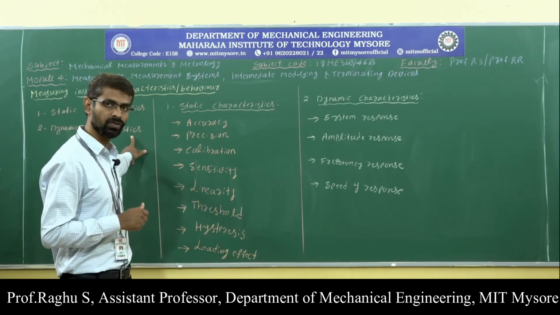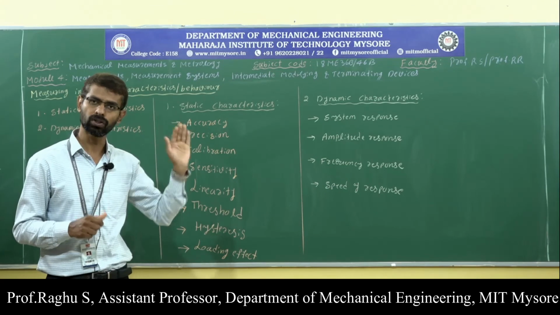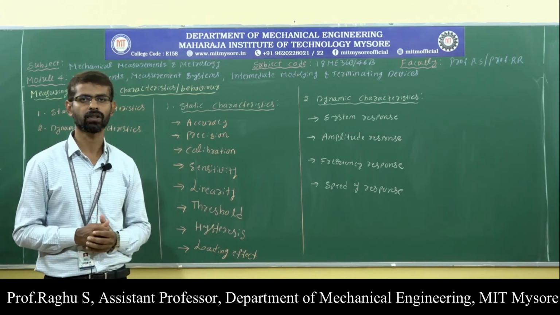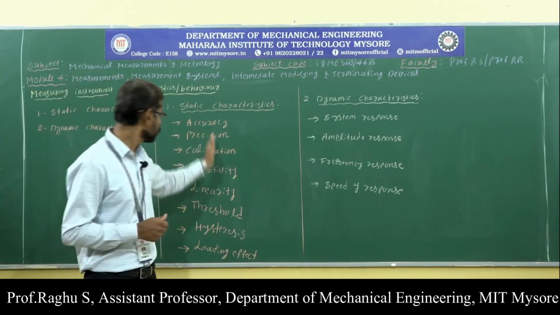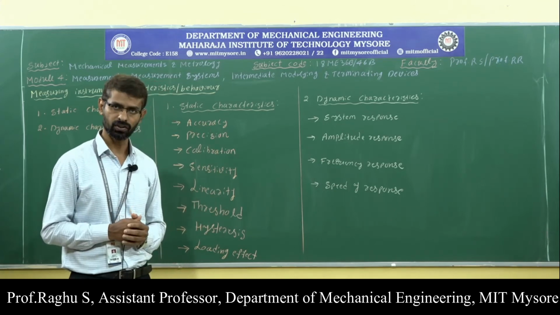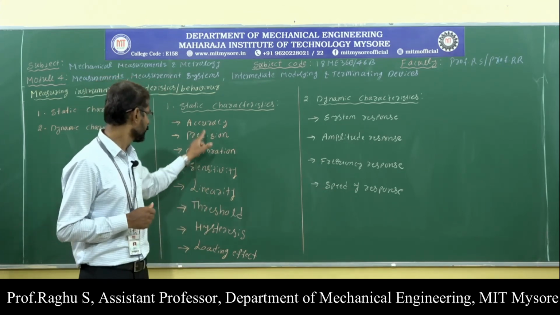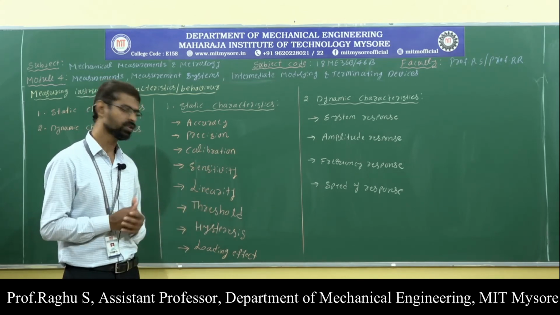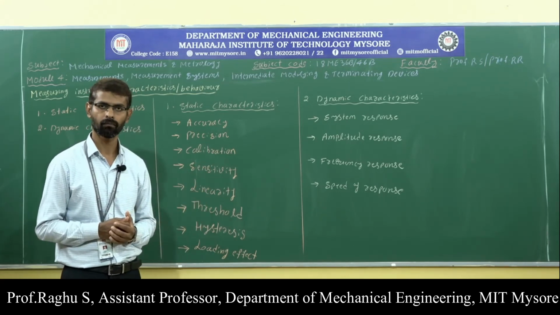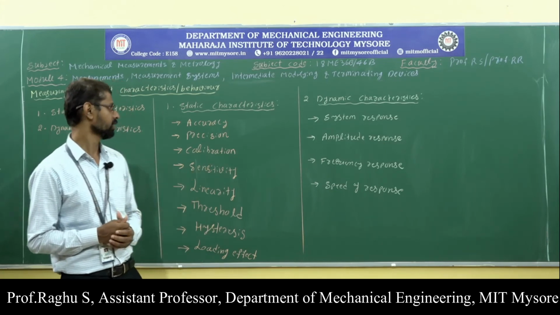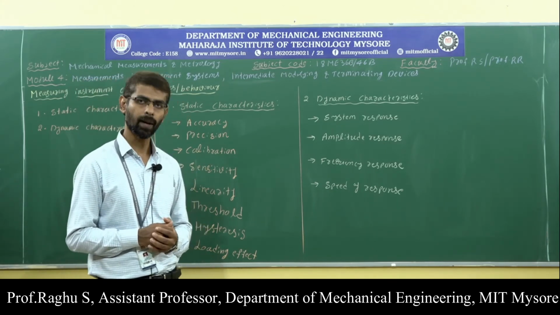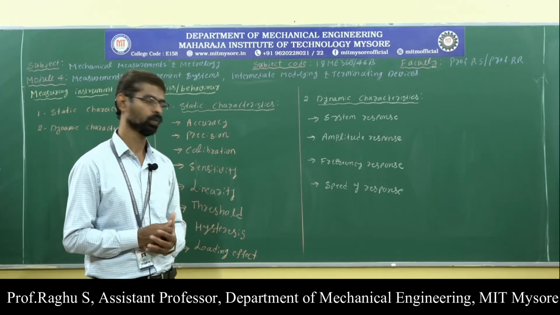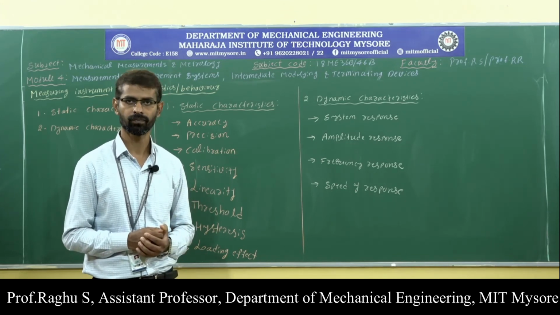Dynamic characteristics are considered when the instrument is used to measure physical quantities which are varying with time. Some static characteristics are accuracy, precision, calibration, sensitivity, linearity, threshold, hysteresis, and loading effect. Dynamic characteristics are system response, amplitude response, frequency response, and speed of response.